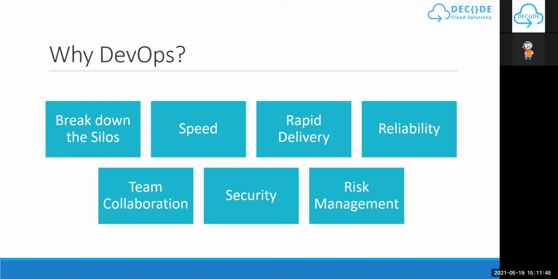Speed. When we are talking of speed here, we are basically referring to the individual speeds of every team. So for example, the coders will be able to write and develop their code faster than before. The IT or operations people should be able to set up the required infrastructure, the required security permissions and all that stuff much faster as compared to the past.